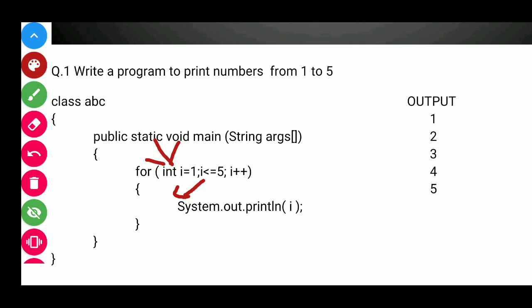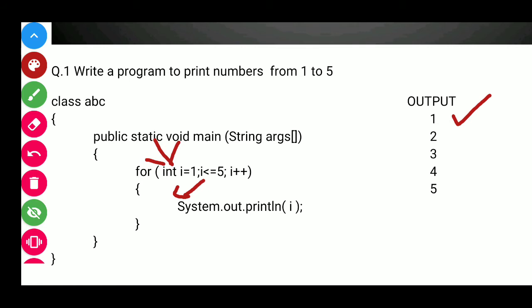Whatever is written there, it will execute. What is written? System.out.println(i). The value of i will be printed, that is 1. After this, it will encounter the curly brace of the for loop.